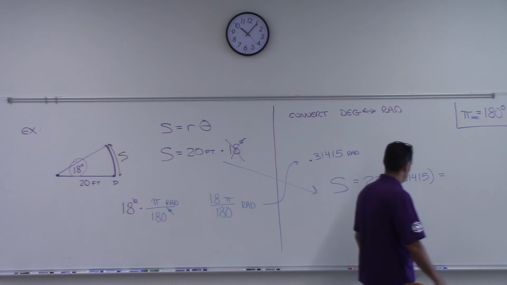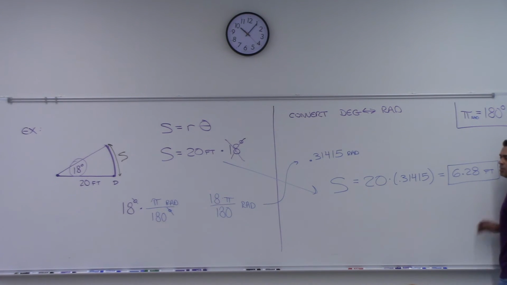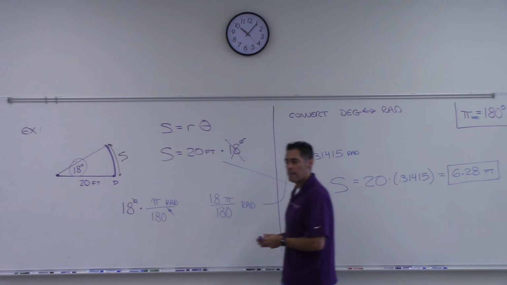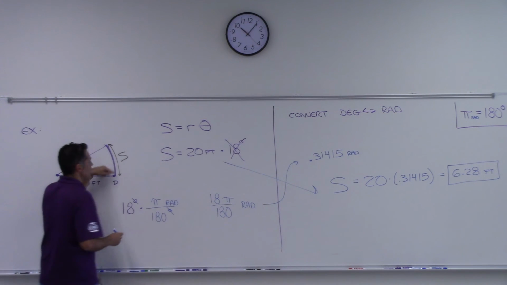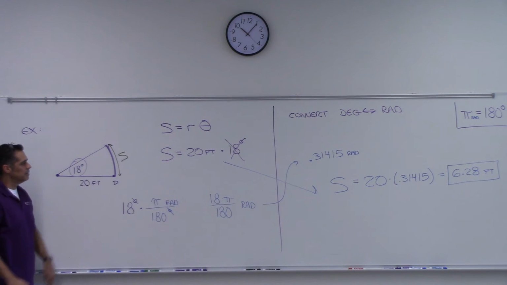Is that what y'all got? 6.28, right? I got 6.283. I'm just going to round it to 2 decimal places. 6.28 feet. Because, right, it was the length of this thing. Poor dog only gets 6 feet to roam at the end of the chain.